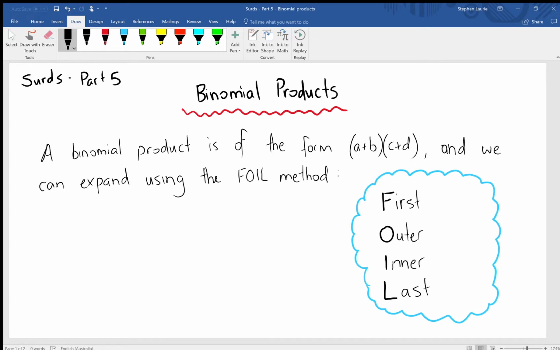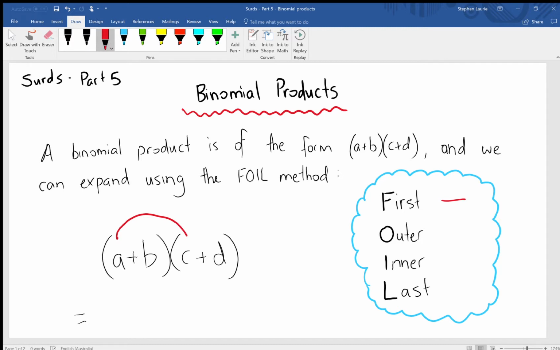Alrighty, so if we have a look at an example such as A plus B multiplied by C plus D, and we apply a FOIL, what are we going to get? Well, let's do first. First can be red, so here's our first one, and we've got A times C, or AC.